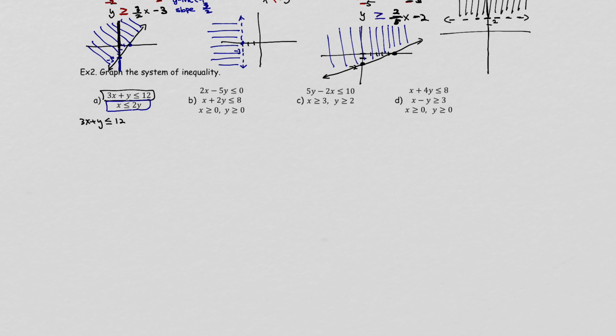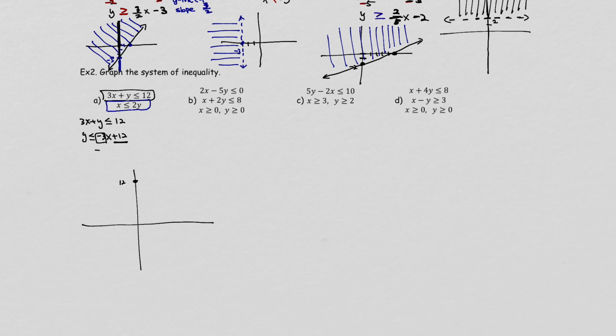When you solve for y, you will have y is less than or equal to negative 3x plus 12. So your y-intercept is 12, and your slope is negative 3. So when you're graphing this, you will have positive 12. Let's say this is 12. So that's the 1 point.